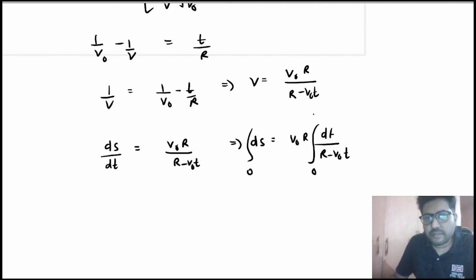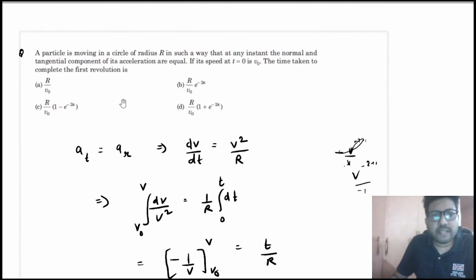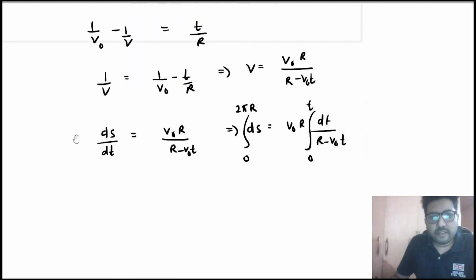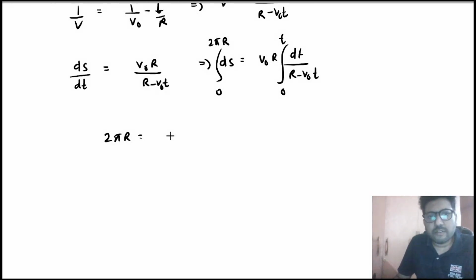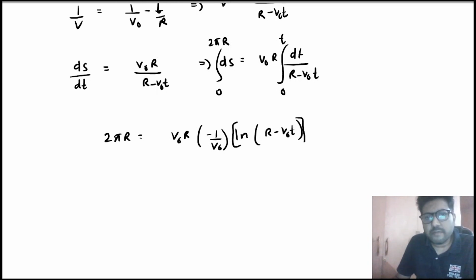At t equal to t, the displacement becomes 2 pi r. Because it is asked to find the time taken to complete the first revolution. If you want to complete the first revolution, that means you have to travel a distance of 2 pi r. So from this you will get 2 pi r is equal to v naught r into minus 1 by v naught ln of r minus v naught t, integrated from 0 to t.